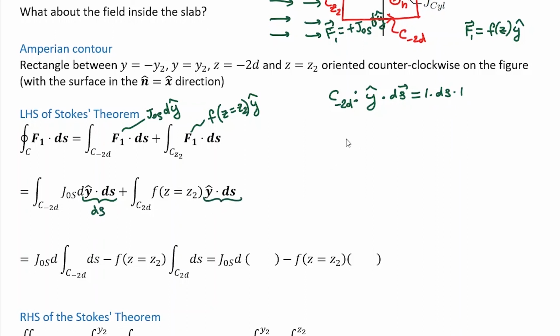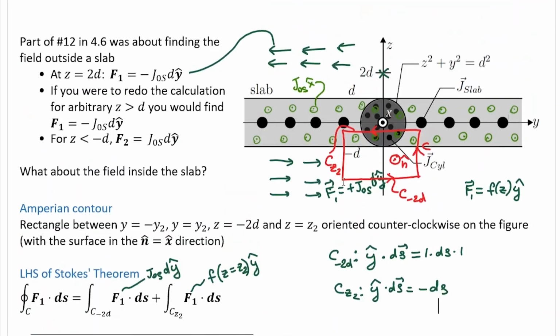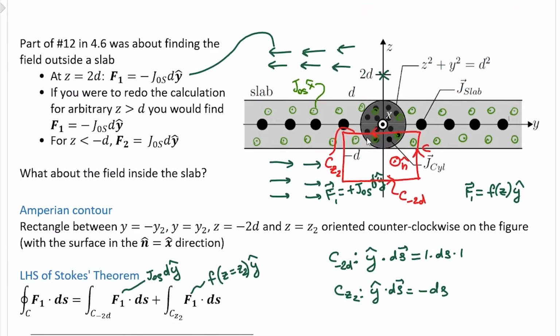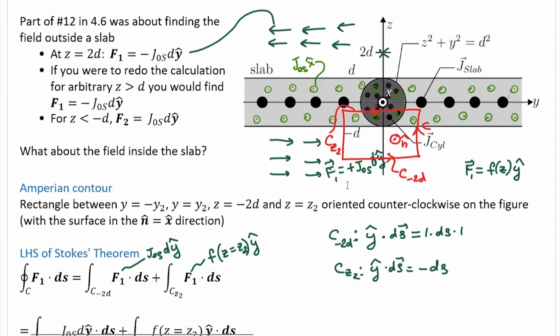Here we would have, this should be z2, y hat dot ds is equal to negative ds because ds and y hat are in opposite directions.